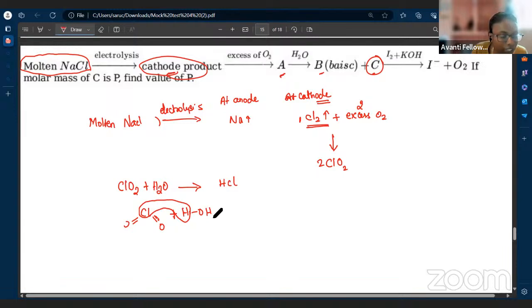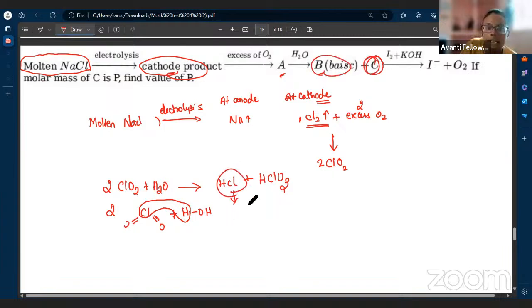So what else will you be having? You are taking 2 times ClO2, so HClO3 will be the other product. If one thing is basic, the other one will be acidic. Which is acidic? HCl is acidic. What is the molar mass of HCl? It is 36.5, so the answer is going to be 37. Okay, got this question?